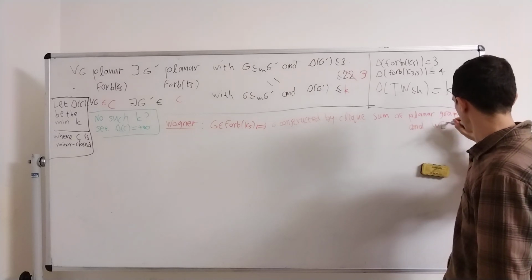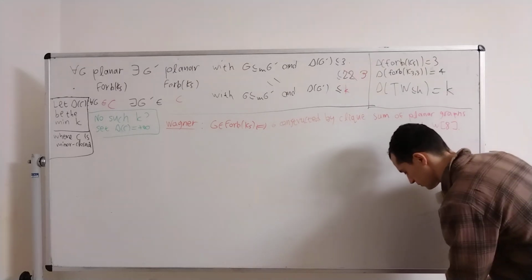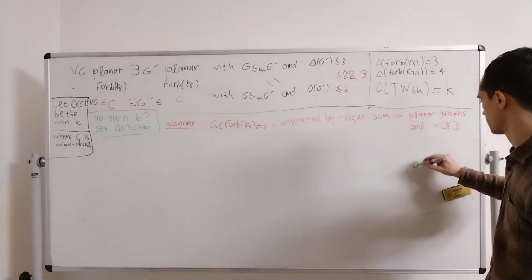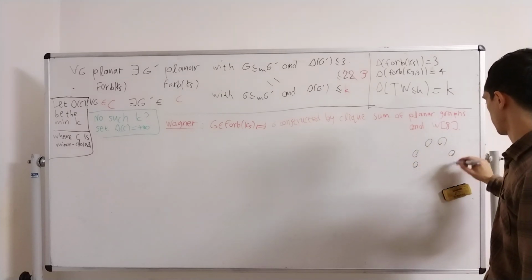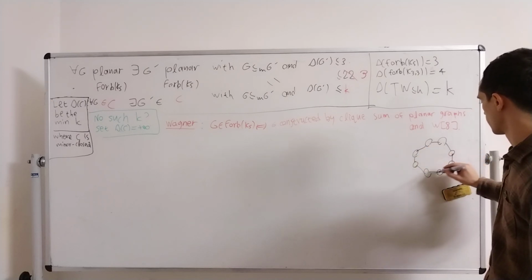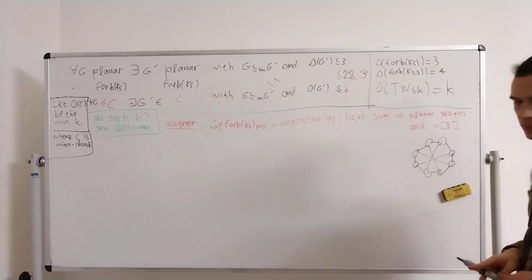And I will explain what a clique sum is. But W8, it's just some specific graph. It doesn't matter. You just take a cycle of 8 vertices and then you connect opposite vertices. Doesn't matter.